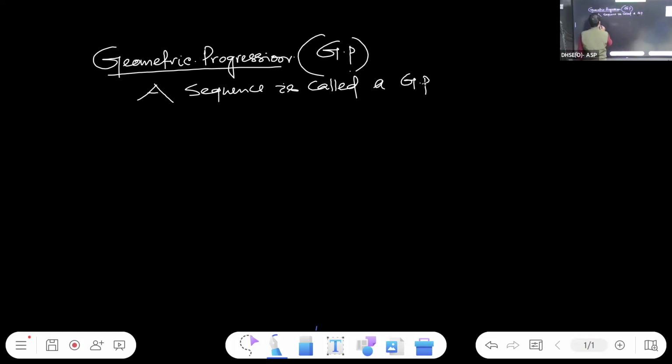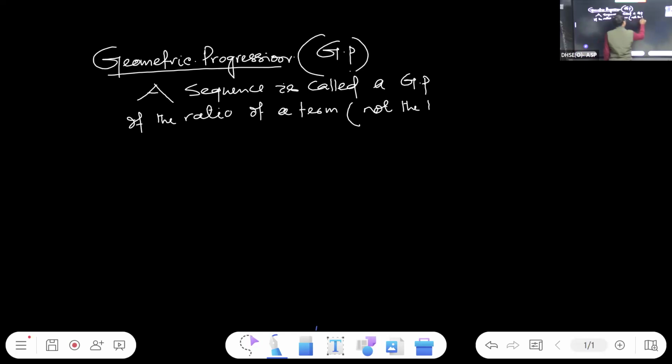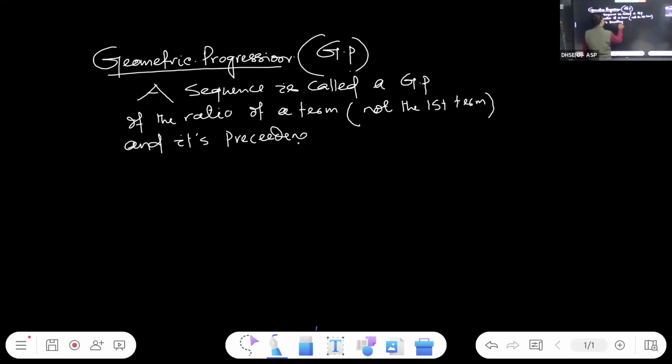if the ratio of a term, not the first term, and its preceding term remains the same throughout the sequence.